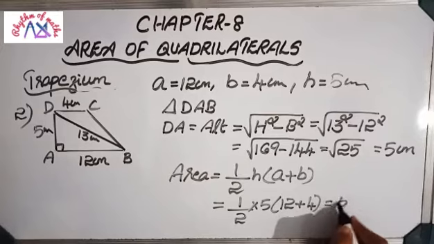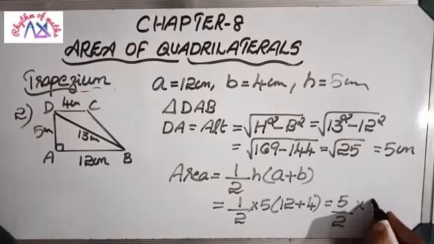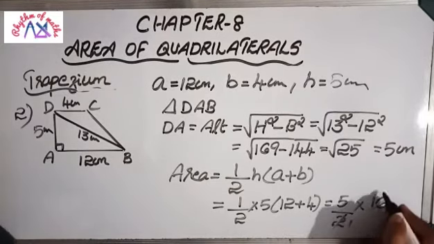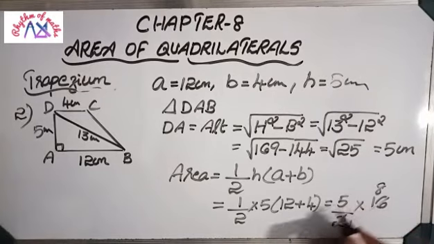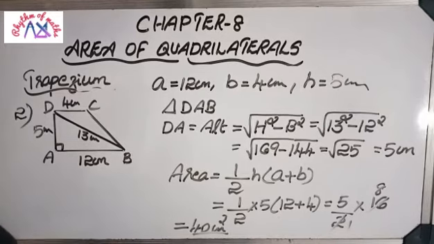So the answer becomes 5 by 2 into 12 plus 4. 12 plus 4 is 16. In 2 only 1 two, in 16 eight twos are there. Now 8 fives are 40 centimeter square. 40 centimeter square is the area of this particular trapezium.